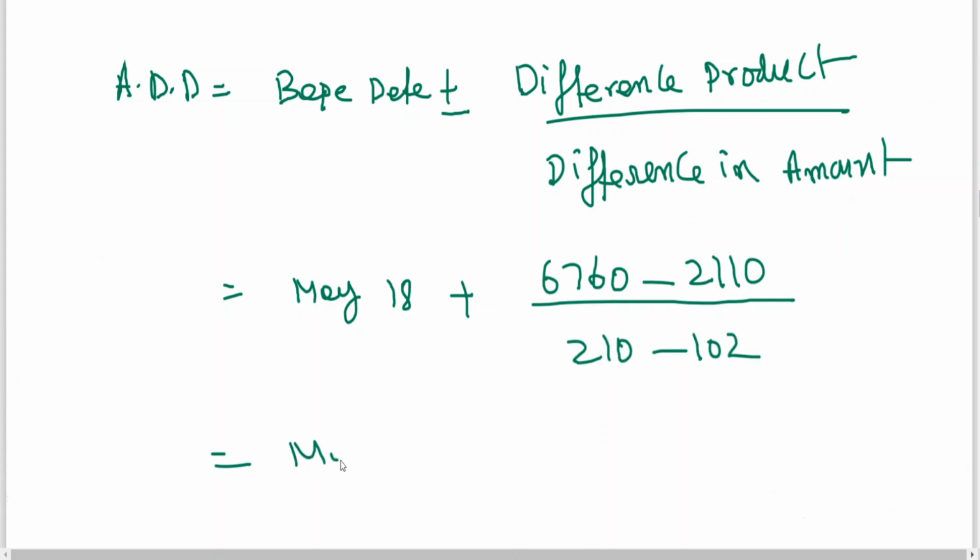That is equal to May 18 plus 4650 by 108. 210 minus 102 is coming to 108.